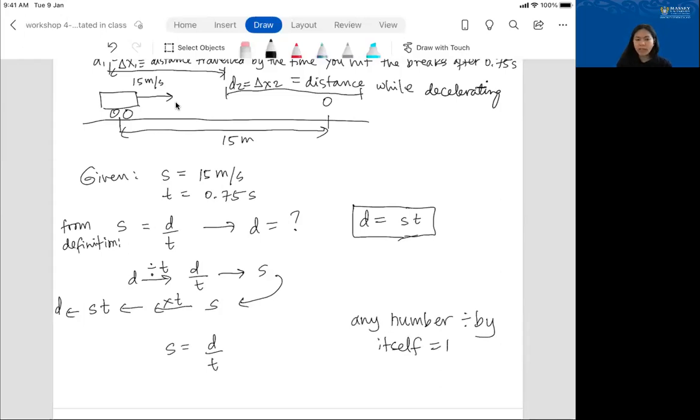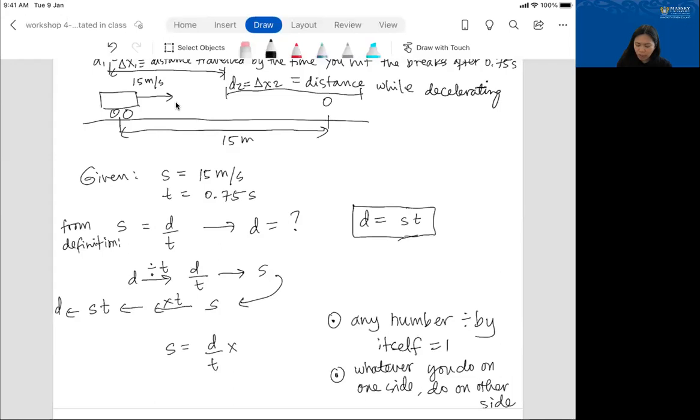Whatever you do on one side of the equation, you have to do on the other side.